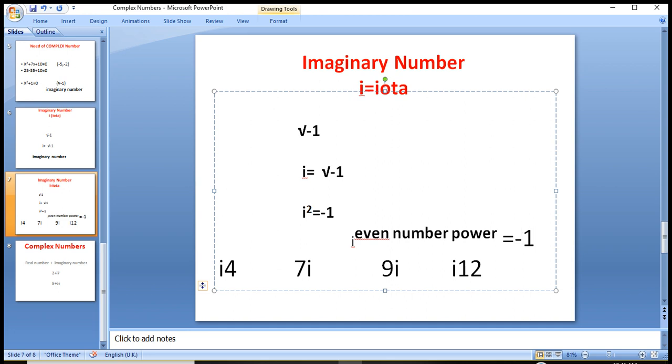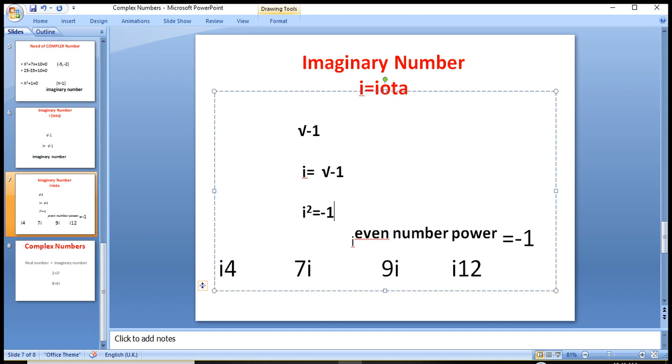Because we have seen when we square both sides of this equation, i becomes i square, and under root minus 1 whole square, the under root is cancelled and it gives only minus 1. So i with an even power is always equal to minus 1.